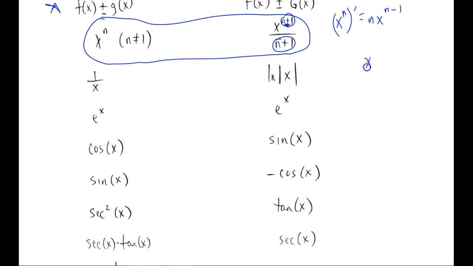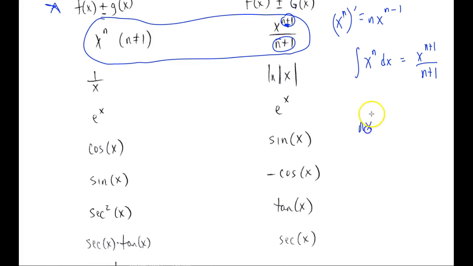So in this sense, if I'm taking the antiderivative of it, then instead of multiplying first, I am adding first, and then instead of multiplying here, I'm dividing. So we're just undoing what was done, okay?